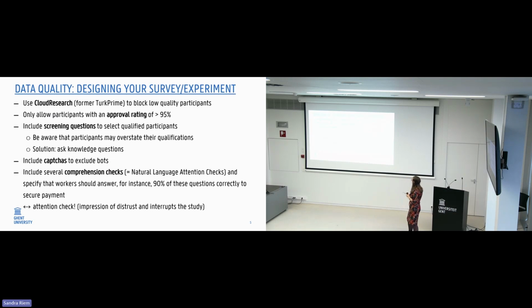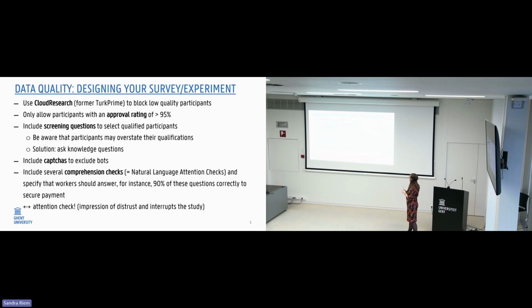Include comprehension checks. Another term you find in the literature is natural language attention checks. A comprehension check is just whether they understood the instructions. So ask a question that is related to your instructions, and if they answer that incorrectly, then you can exclude them because they did not read your instructions or did not get the point of the study.